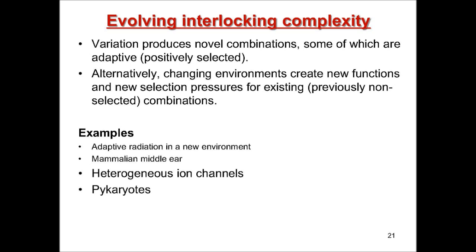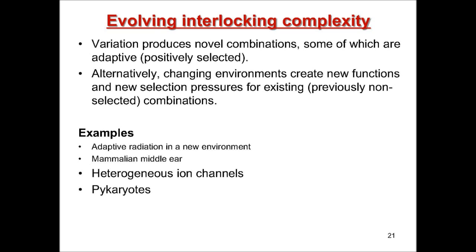Evolving interlocking complexity, there's more than two ways it can happen, but two of the best ways are you have novel combinations, which then sometimes are positively selected, or you actually have the same stuff you always had before in your genome or in your population, but new selection pressures come in which happen on existing systems, and that increases the interlocking complexity of the system. Adaptive radiation to a new environment is a classic biological example. The mammalian middle ear is a classic example.